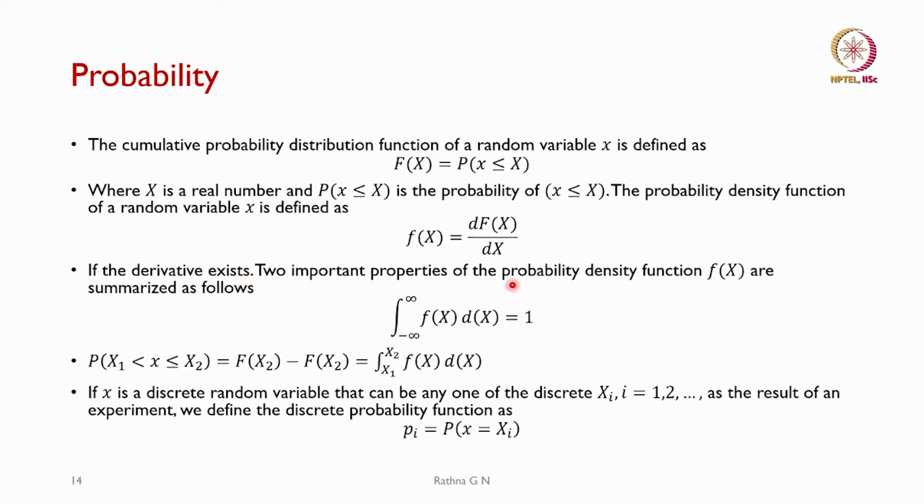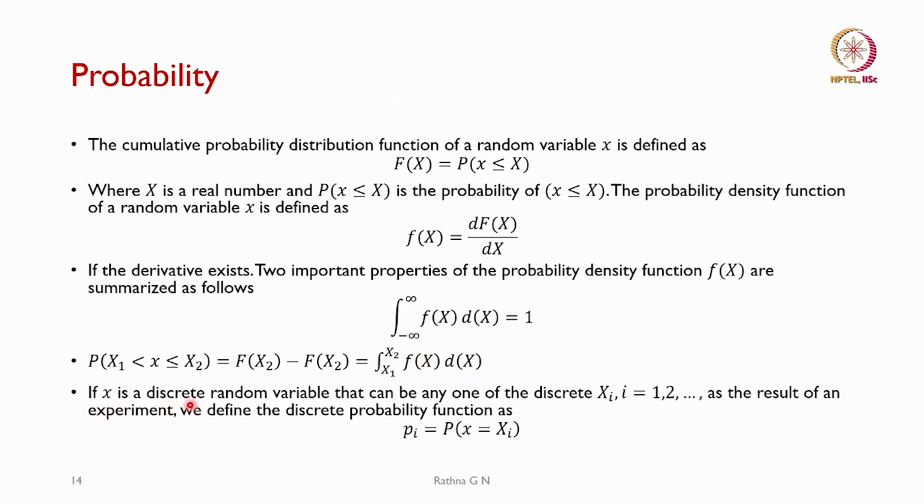Two important properties of the probability density function f of x are summarized this way: the integral from minus infinity to infinity of f of x dx is equal to 1, and the probability of x lying between x1 and x2 is given by F of x2 minus F of x1, which is nothing but the integral from x1 to x2 of f of x dx.